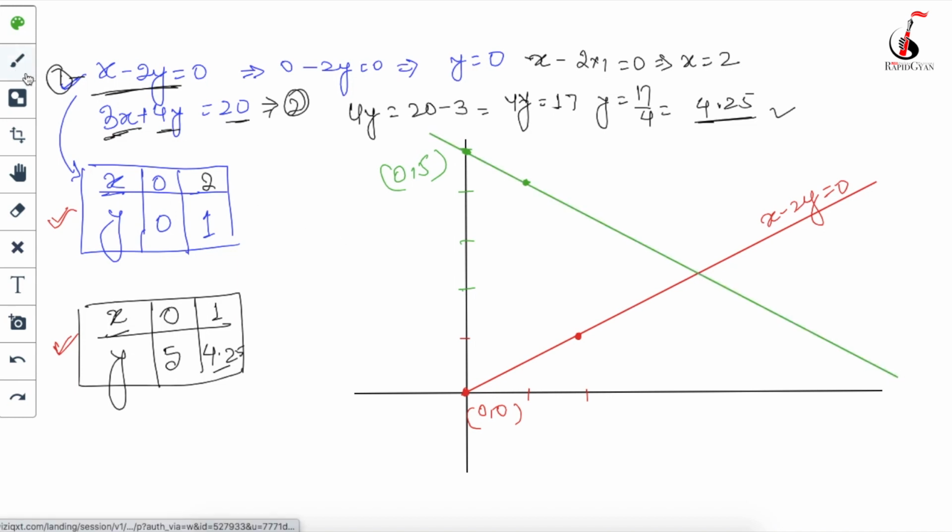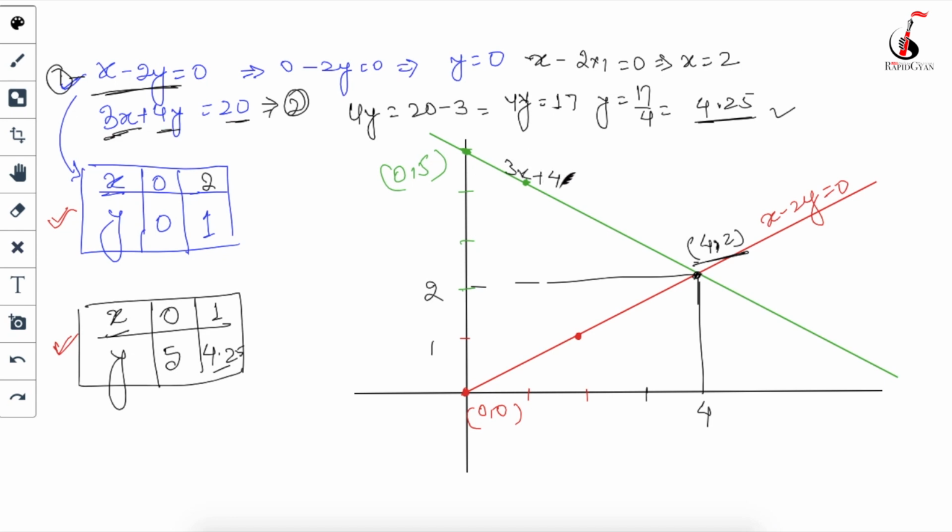So if you are going to find the point of intersection, if you see, this is somewhere here, 1, 2, 3, this is your 4 and this is your 2, correct? So your answer will be 4 comma 2, means 4 comma 2 is the point of intersection of these two lines. This line is your 3x plus 4y is equal to 20, correct?